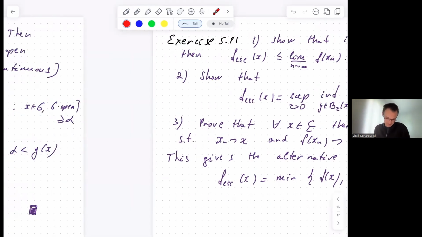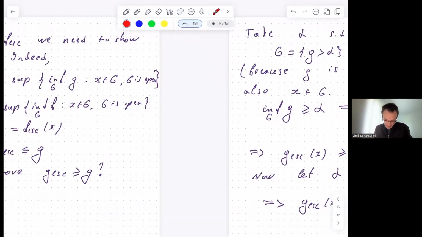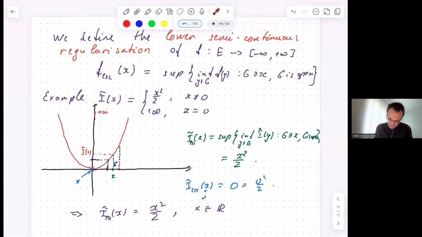Like in this example, you see what we did with that point for the function I tilde. Now we can use this alternative definition: you just need to consider all possible limits of the function f when the argument goes to the point x, and these limits will converge to 0. And then you need to take the minimal one, that is also 0. It gives you exactly the lower semi-continuous regularization at that point.